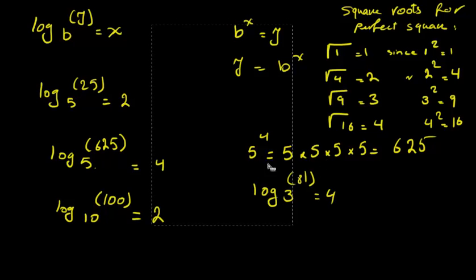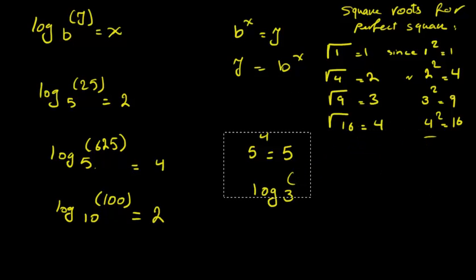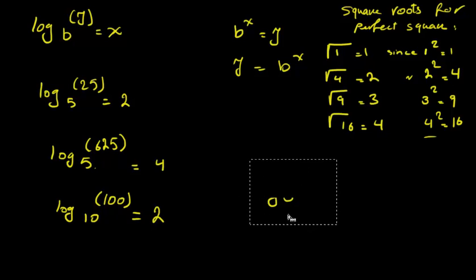Let me write the rest of that here. So the square root of 25 was 5.